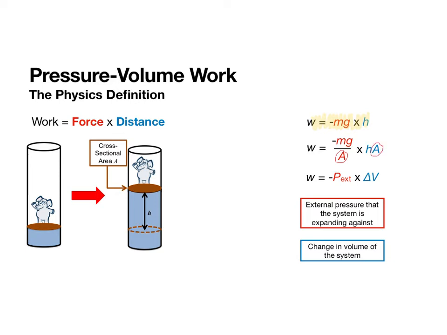So we're basically multiplying by a fancy 1. Then this mg over A is equal to the pressure. And this h times A is equal to the change in volume.